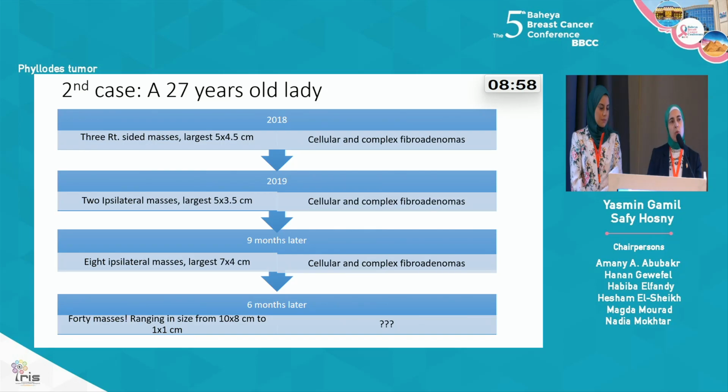All these masses were treated by excision, lumpectomy, and all proved to be cellular and complex fibroadenomas. Then 6 months later, in 2021, she presented with 40 ipsilateral masses in the right side, ranging in size from 10 by 8 centimeters to 1 by 1 centimeter, and this is what we will show now.